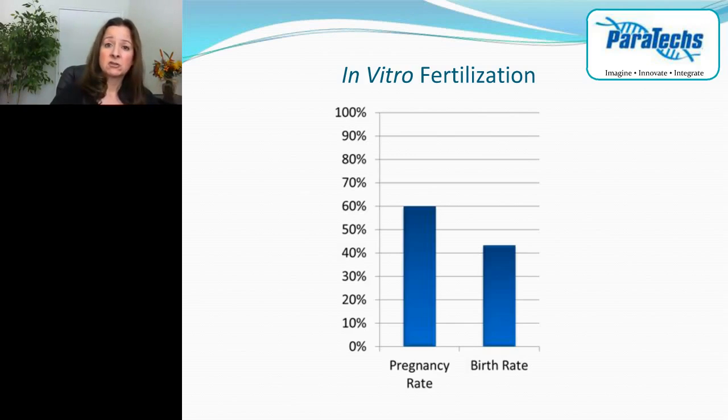Fertilized embryos were then cultured in KSOM media to blastocyst stage and transferred into 2.5-day pseudopregnant females. Transfer of the IVF-derived blastocysts resulted in about a 60% pregnancy rate and a 43% birth rate for IVF.